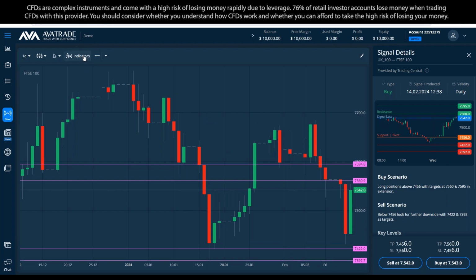I see that this became lower for me to mark, this 7456. It's approximately here. We're not going to place it, it's too close.